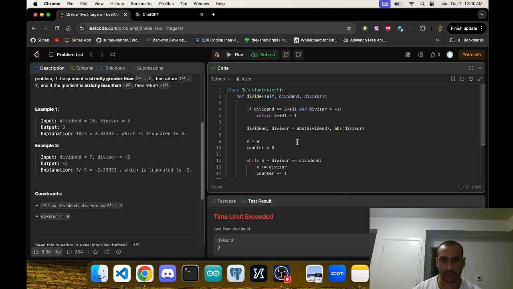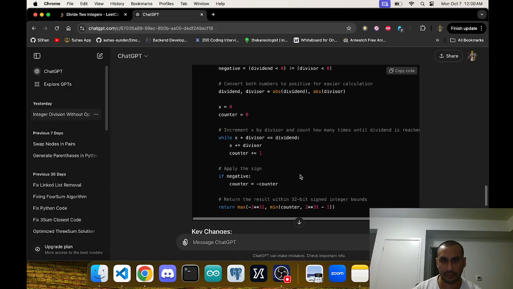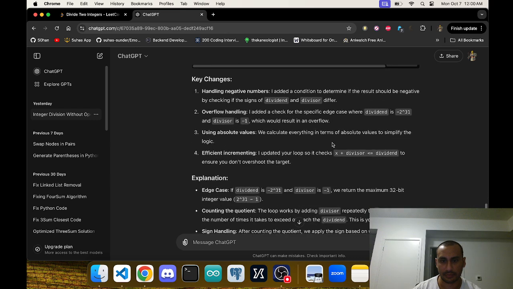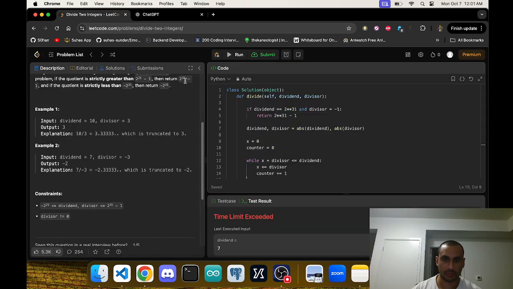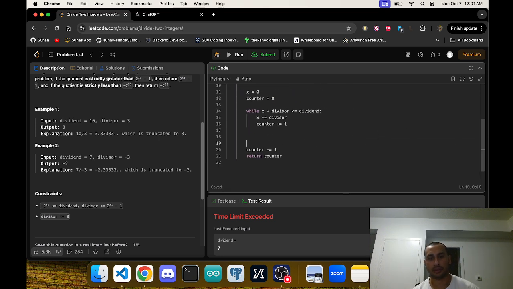Where's the negative handled? If negative... If any of these is less than 0, negative is true. So you just make counter negative.